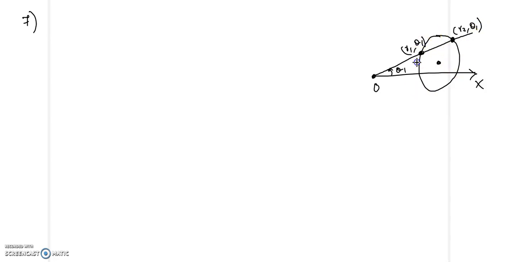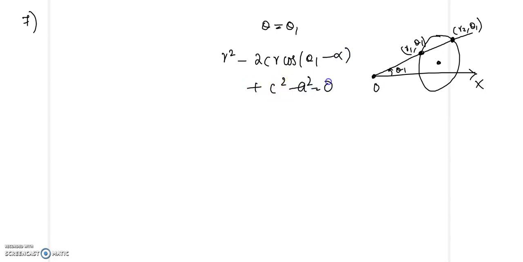Now we have the equation of this circle. So the points of intersection of the circle with the line will be the roots of the equation. So when theta is equal to theta 1, the equation of this circle becomes r square minus 2cr cos(theta 1 minus alpha) plus c square minus a square equal to 0.